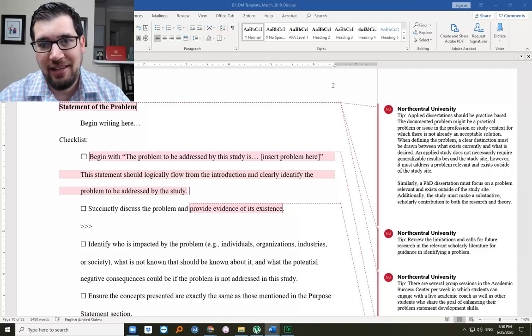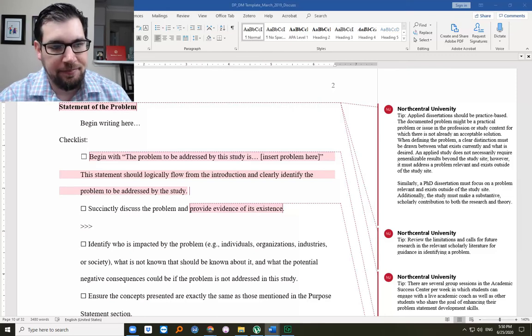It must be you and who else. And the who else needs to include about 15 other scholarly current articles. Okay. So you're going to get your wording down.